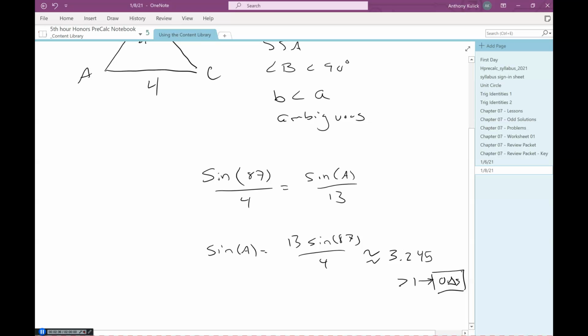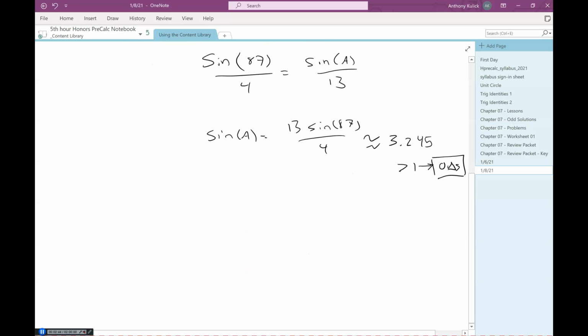I saw another hand over on this side of the room. Is that Allie? Yeah, 5. 5? Okay, so the same instructions here for 5. So we have A is 130 degrees. Side A is 14 and side C is 18.